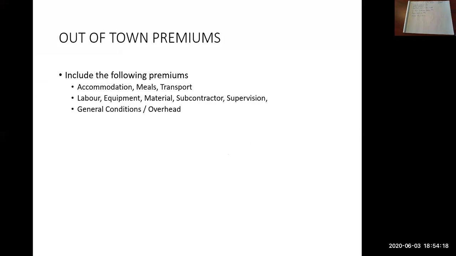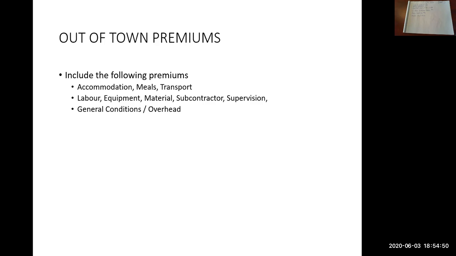So out of town premiums. Some of those premiums can include things like accommodations for your crew, meals for the crew, transport. Transport being 2 different things. So transport from the hotel or motel accommodation to the job site, as well as transport of the crew flying home on some regular basis.